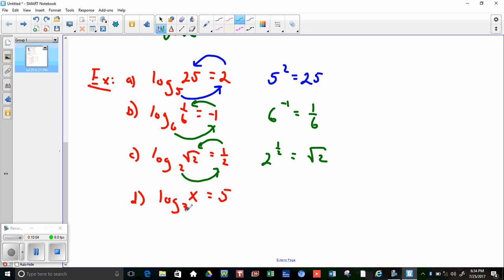Once again, base raised to the answer gives you the argument. So that would be 7 to the 5th equals x. Now you could obviously plug 7 to the 5th in your calculator. I'm not really worried about the value of that right now, but that would be the answer for x if you had to solve it. But that's writing this log in an exponential form.